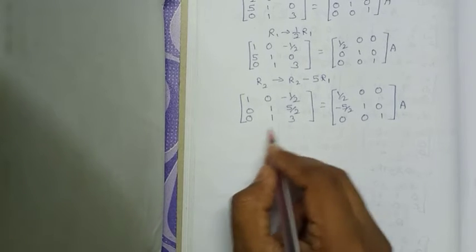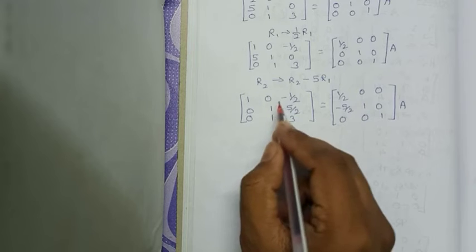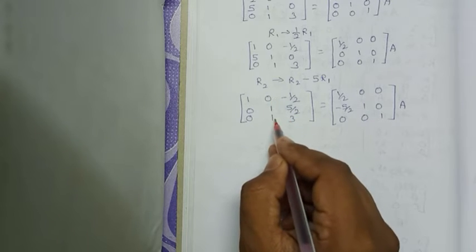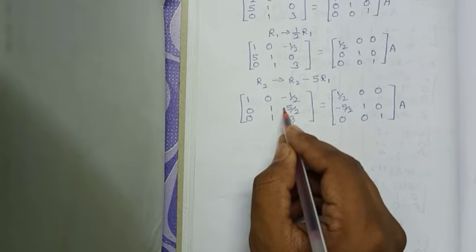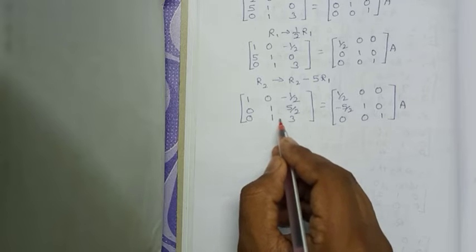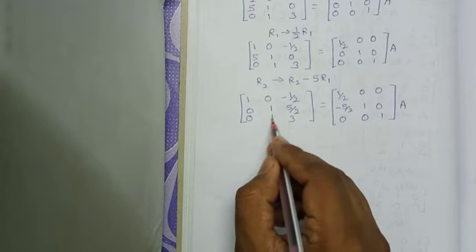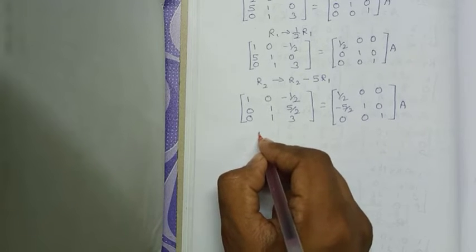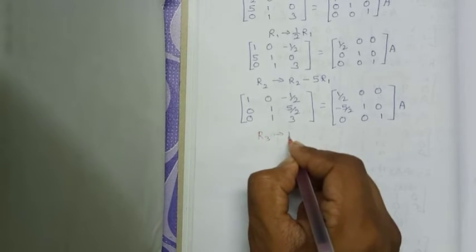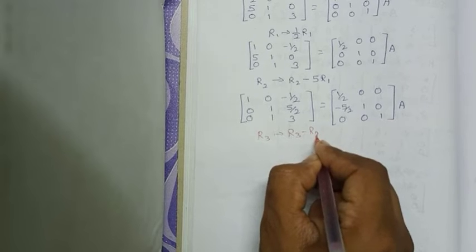We look at the identity matrix. For the second column the entries should be 0, 1, 0. Here 0 is there and 1 is also there, so this entry should change to 0. Subtracting these two rows, we get 0. So we apply R3 implies R3 minus R2.